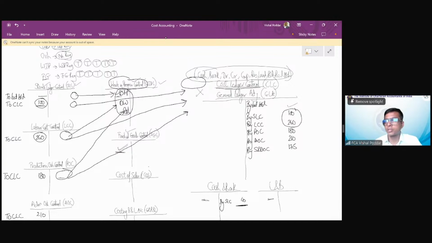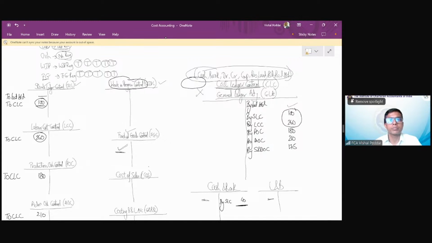So if you have understood this logical flow, let us now start passing the proper entries. Right? Again, you will have the balance. Whatever is given in the sum, this represents the opening stock of these all accounts.